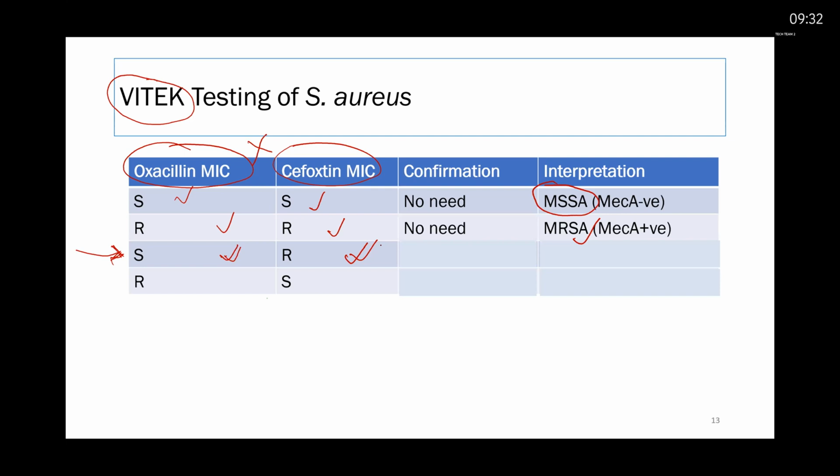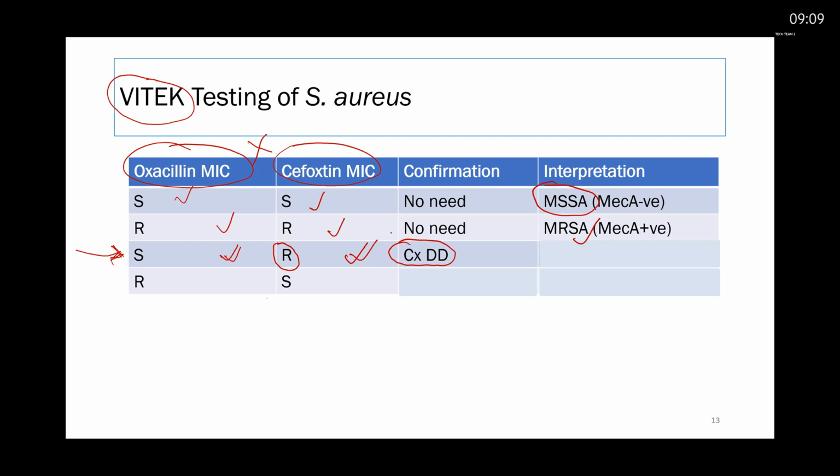What you need to do, first you should check for the purity of the isolate. You have to do a repeat test with some different methodology. Because our cefoxitin MIC came as resistant through Vitek, we'll do a tiebreaker test involving another methodology for cefoxitin. We can do a cefoxitin disc diffusion test.